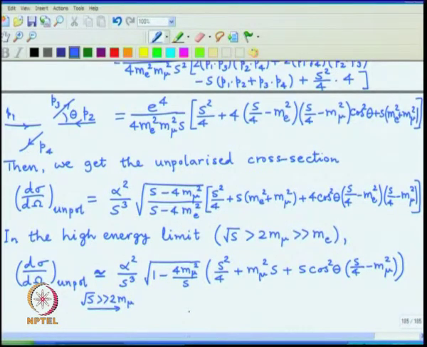So, then it just becomes a simple number, and essentially the cosine square theta factors are the only thing which comes out. So, it becomes alpha square divided by 2 s, and then there is s square by 2 which came out and cancelled this overall factors, and the answer is just 1 plus cos square theta.